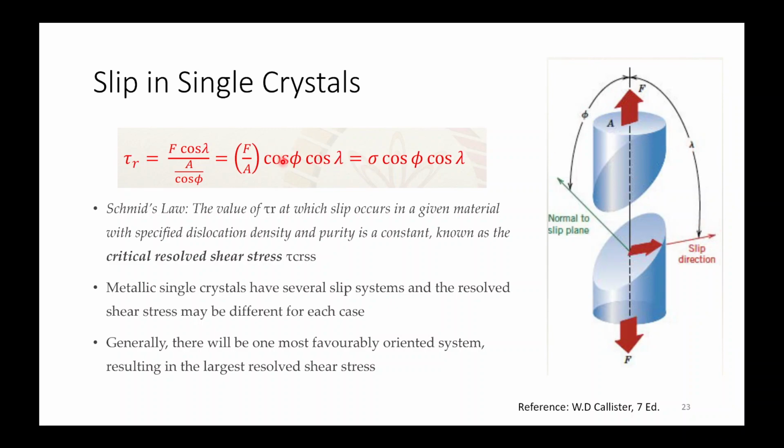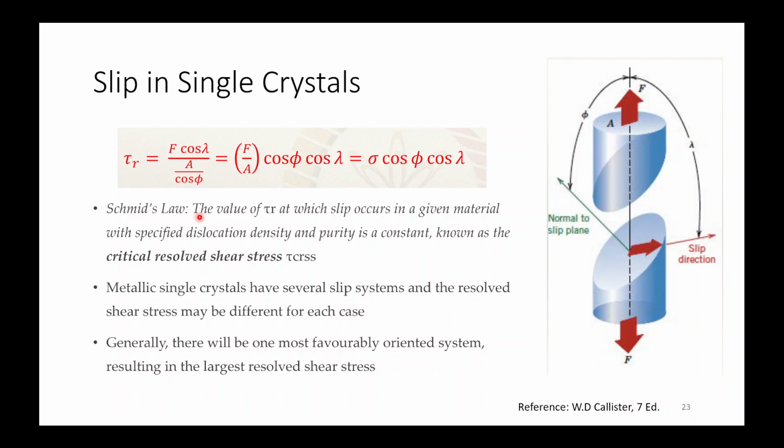Now relating to that, your resolved shear stress can be given as the tensile stress times cos phi times cos lambda. So the geometry of this tensile direction also affects the initiation of plastic deformation.